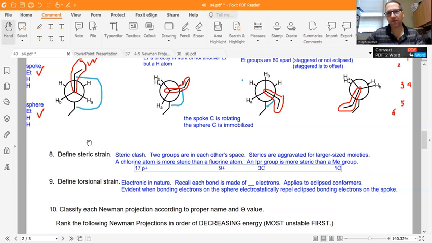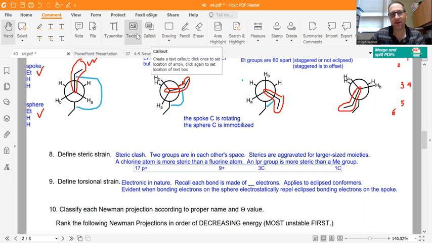Which, using your critical thinking, of these conformations, conformation 1, 2, 3, or 4, anti, partly eclipsed, gauche, or fully eclipsed, is suffering from sterics? We'll find out. And torsional strain, torsion is electronic in nature. Torsion means twisting.